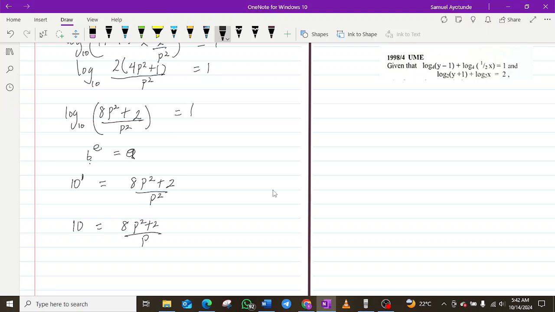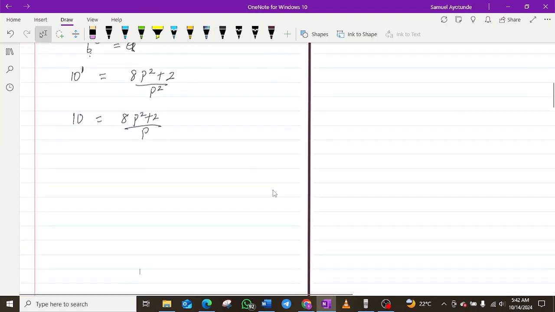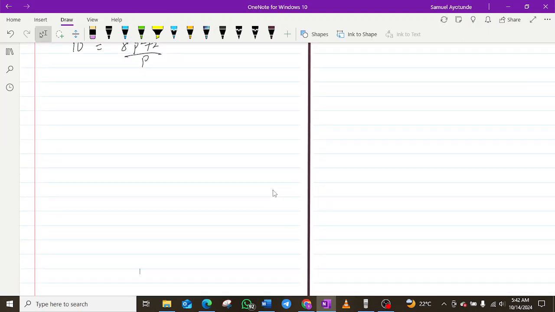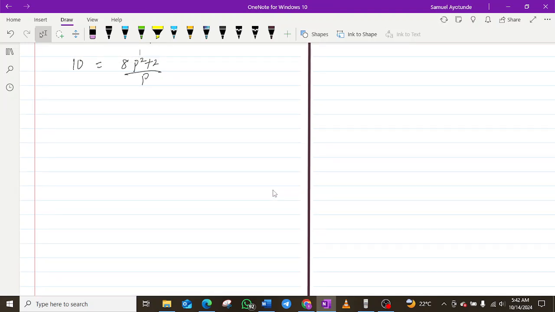By cross multiplication, we have 10p squared is equal to 8p squared plus 2.